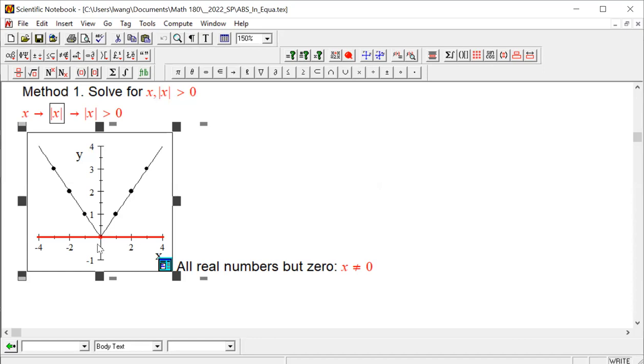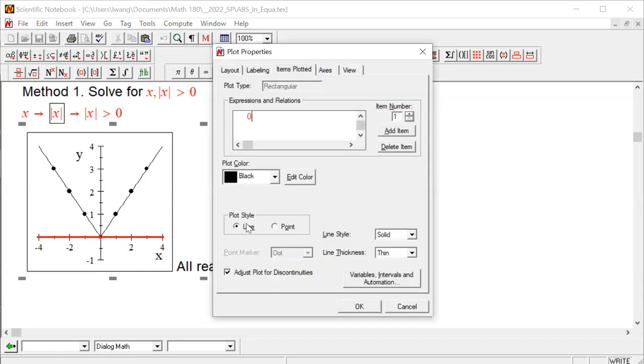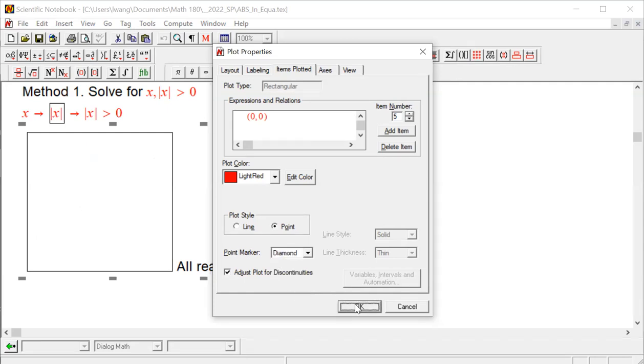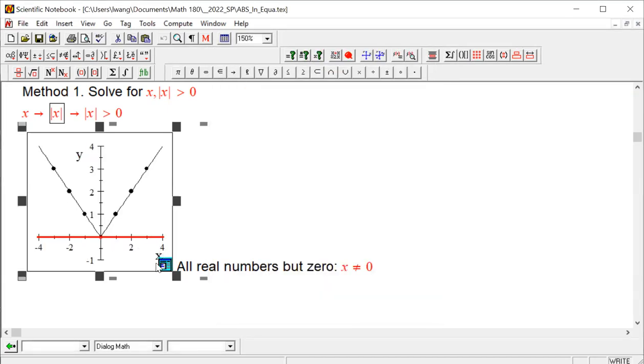In this case, I'm kind of disappointed that this little circle is not that clear. Let me see if I can make it a little clearer. Make a circle. Do you think that diamond may be better? No, it doesn't make much of a difference.